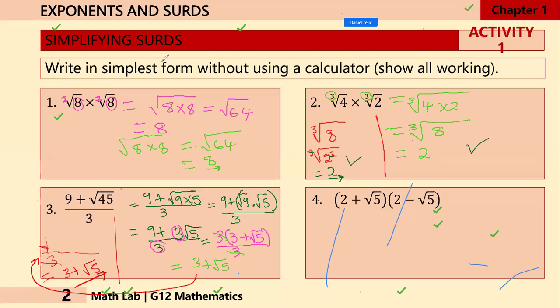All right, so let's proceed to number 4. I don't know who wrote on my screen. You should stop writing on my screen, so that we don't clutter my board here. Let me see if I can erase this.